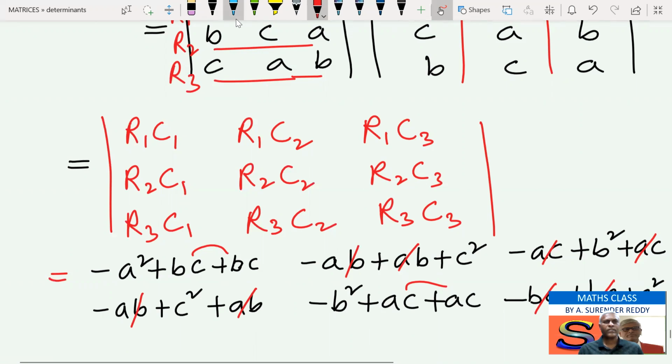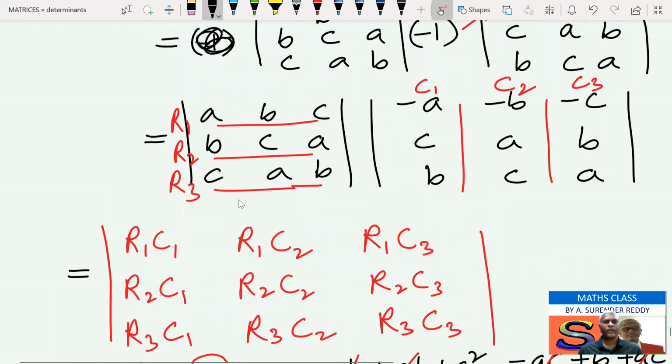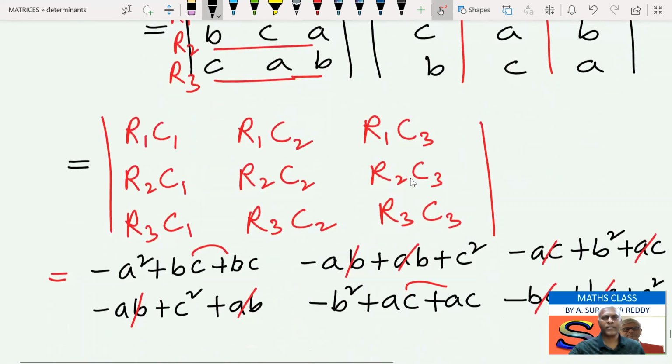Next, third row R3 C1. Look at this: C into minus C, A into C, plus AC, B into B, B square. Minus AC plus AC, B square.